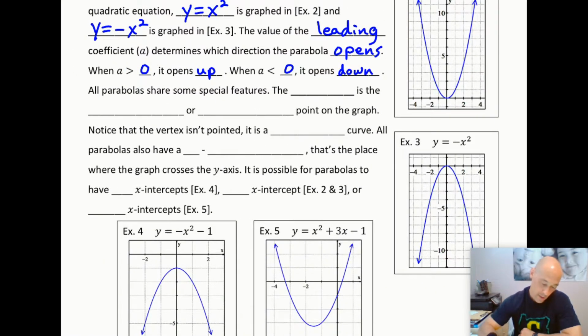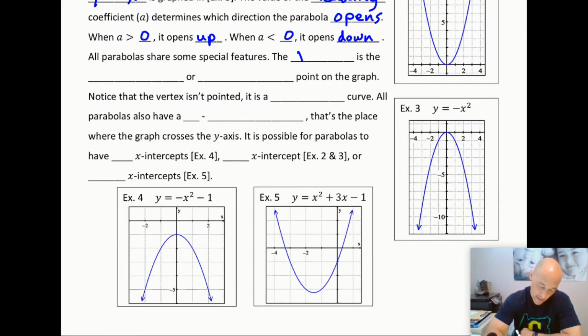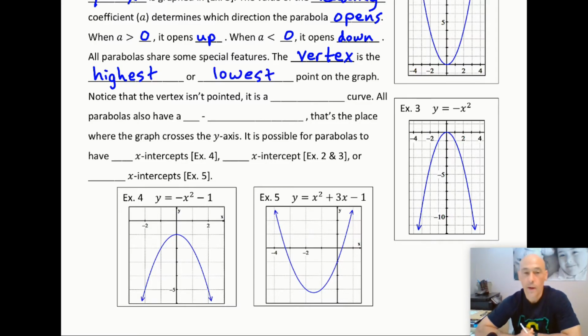All parabolas share some special features. The vertex, it's a new vocabulary word, is the highest or lowest point on the graph.